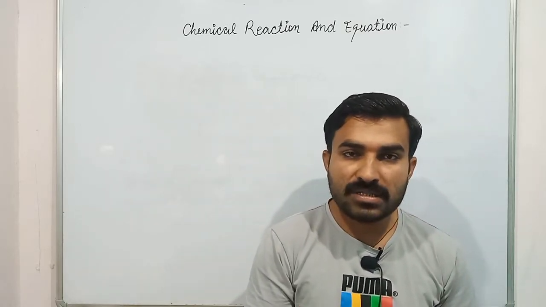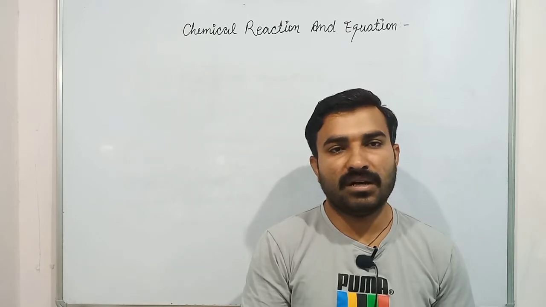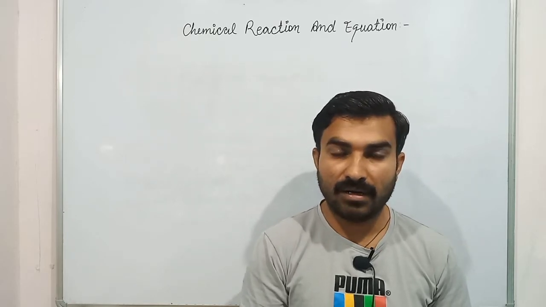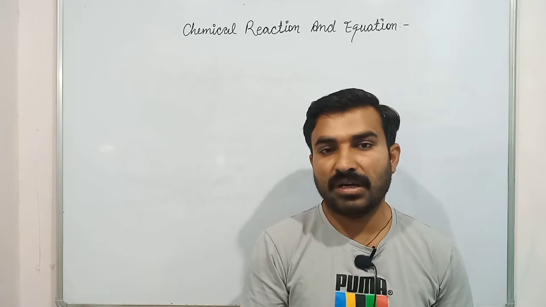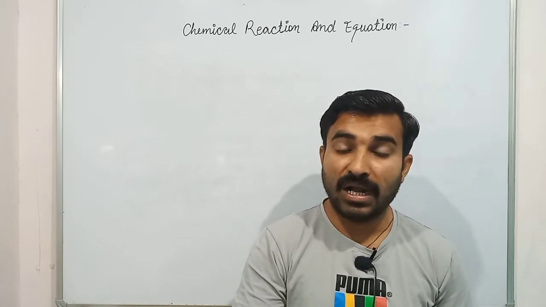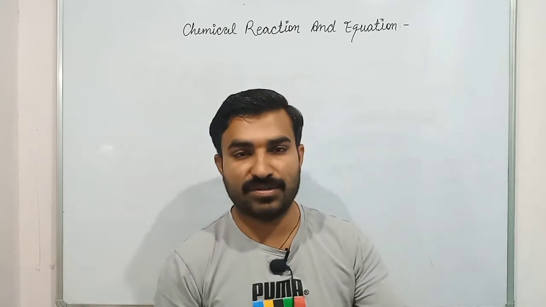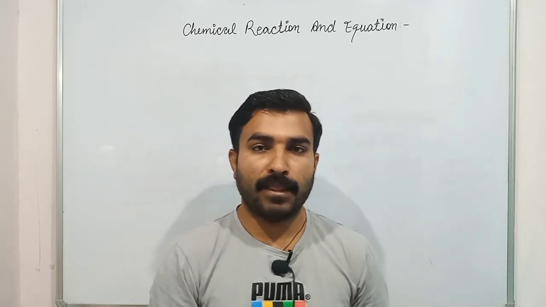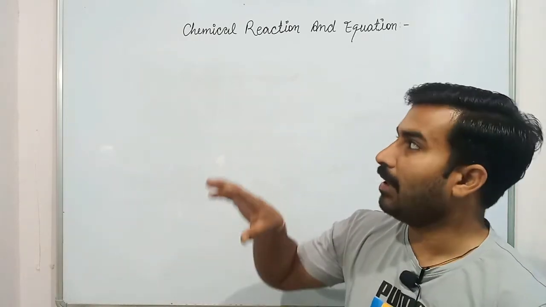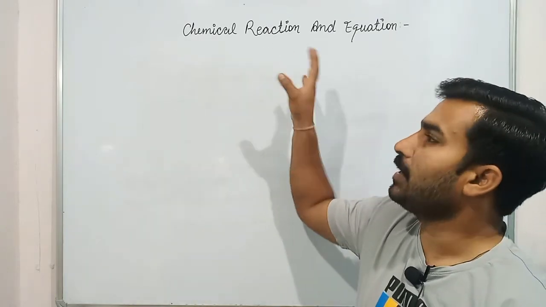In a physical change, no new substance is formed, whereas in a chemical change, a new substance is formed, and that new substance doesn't show the properties of its constituents. In this chapter, we will learn about chemical reactions and equations.